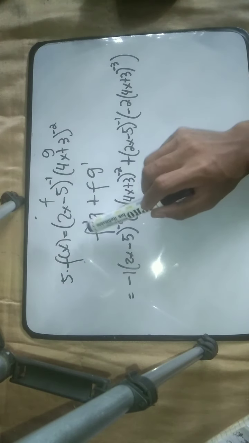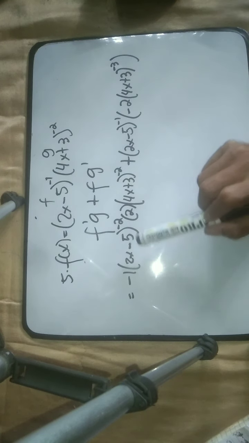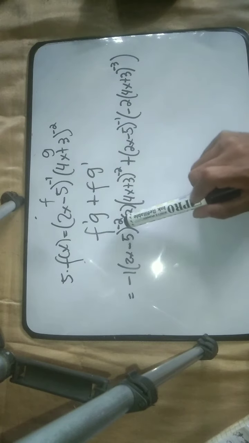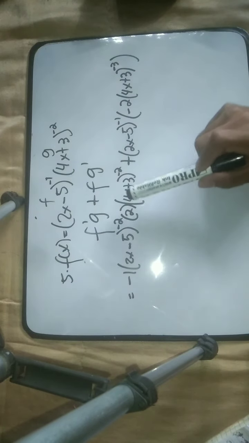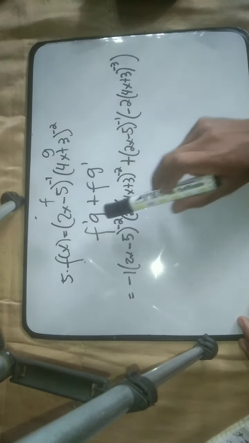So the derivative of f, using the chain rule, is negative 1 times (2x minus 5) raised to the power of negative 2, times the derivative of the inside function, 2, multiplied by g.